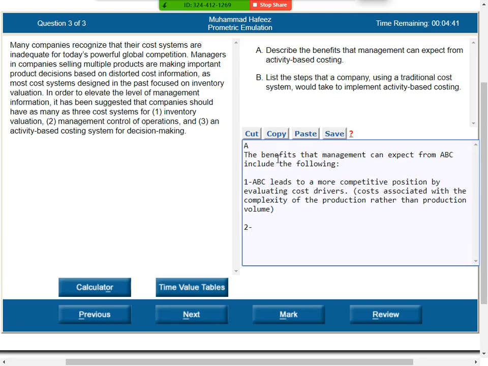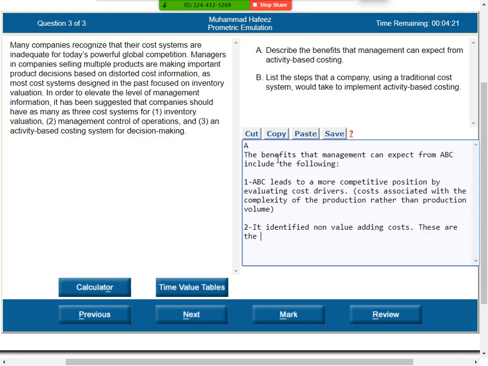Second, it identifies non-value adding costs.